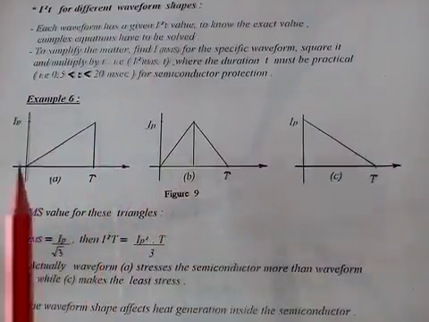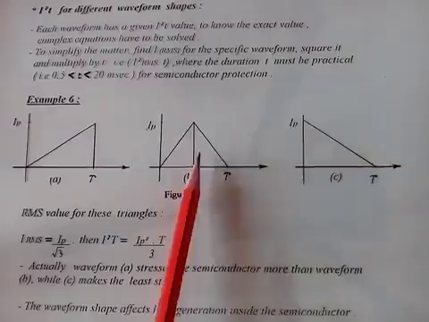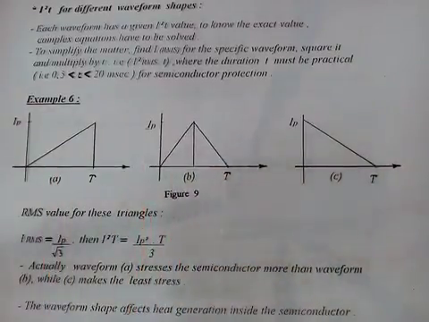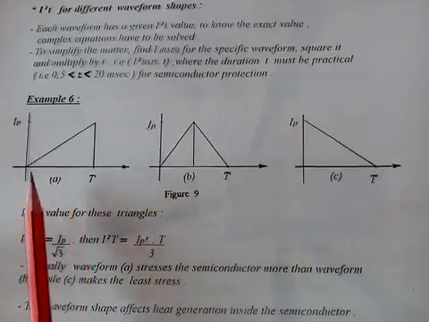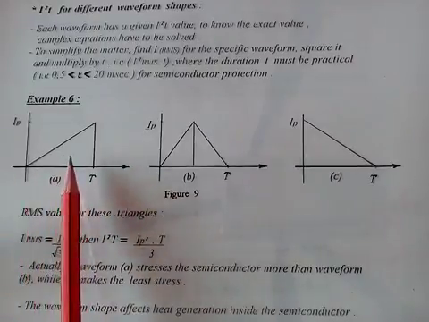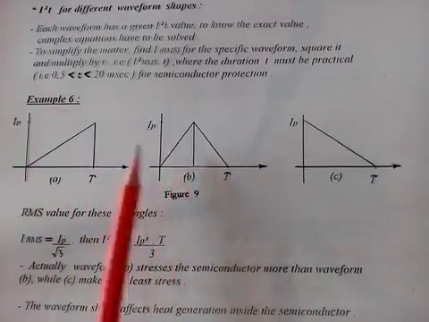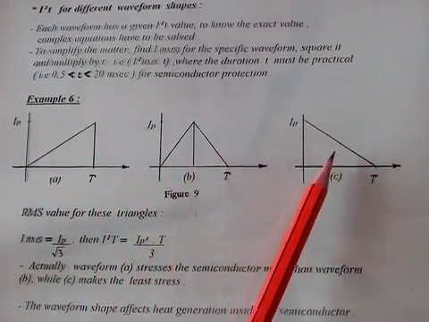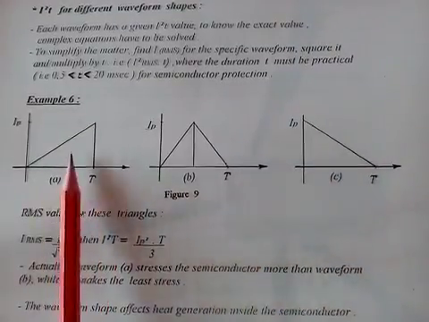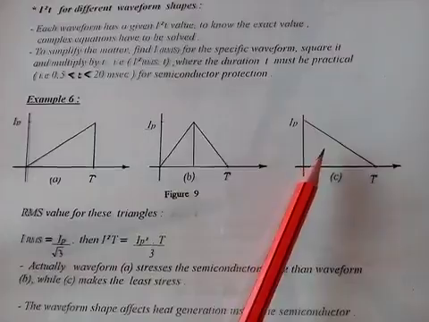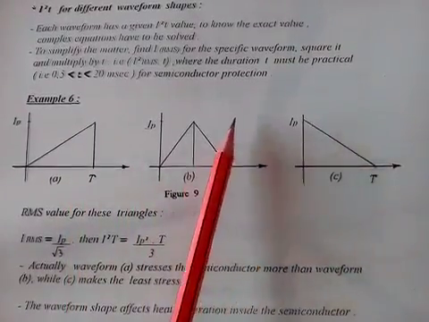Example 6. In here we have 3 shapes. They're all triangles, as we see in here. But to be honest, each one of those will heat up the device in a different way, even though all of them have the same RMS value.